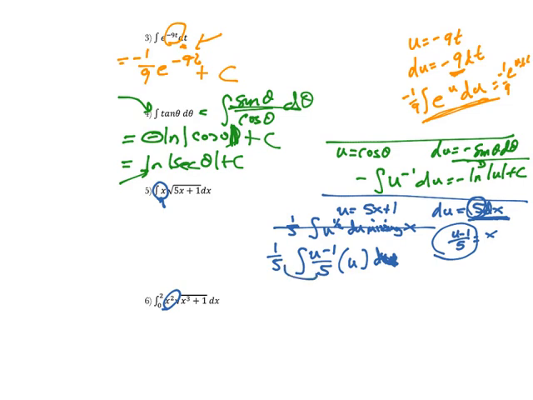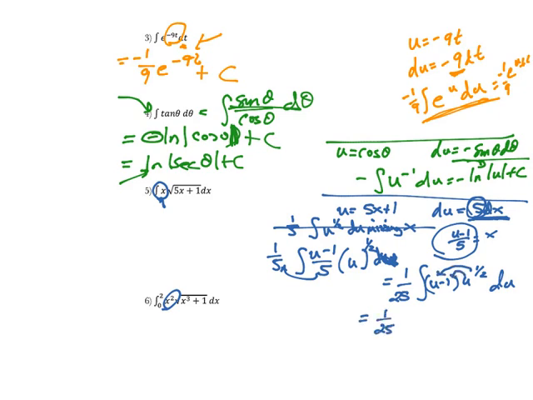Okay, I can bring this 5 out here with this, so that becomes 1 over 25 times the integral of u minus 1, oops, I'm sorry, that should have been u to the 1/2 because it's a square root, right, du. In which case then, I can still do some algebra. I can distribute this u to the 1/2.